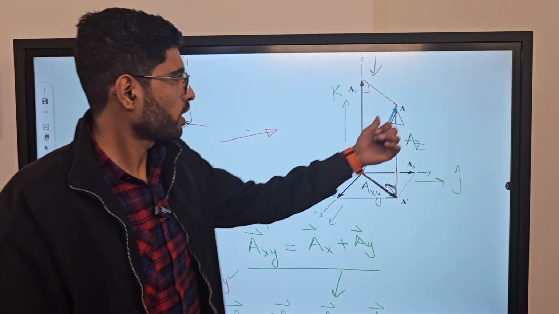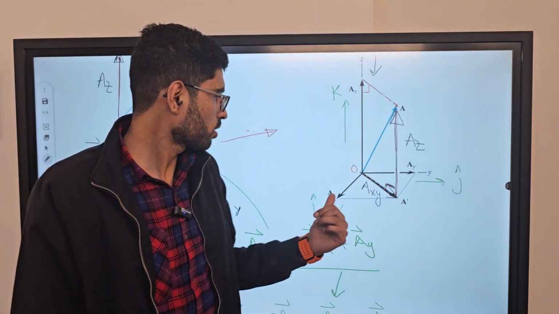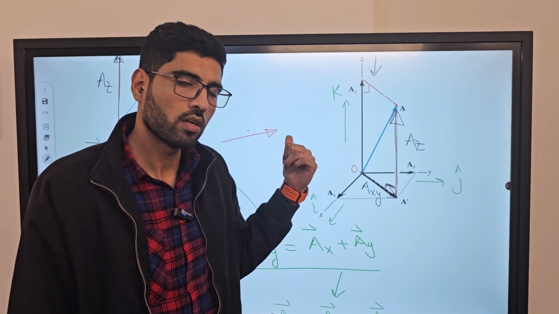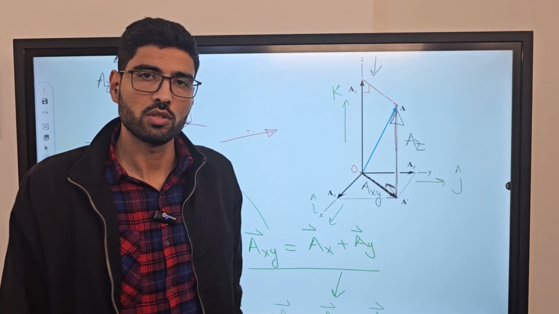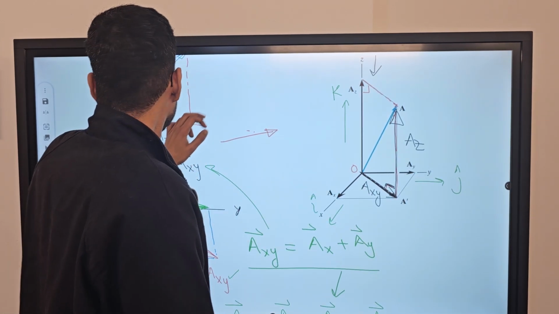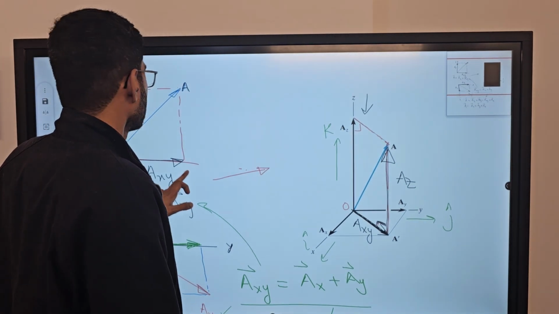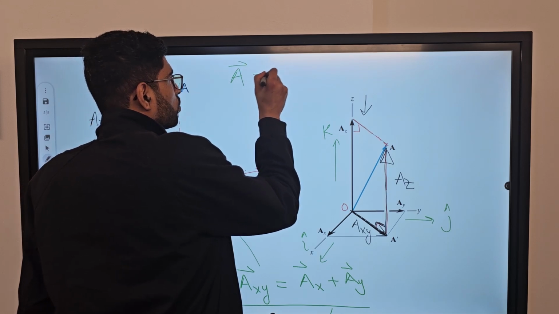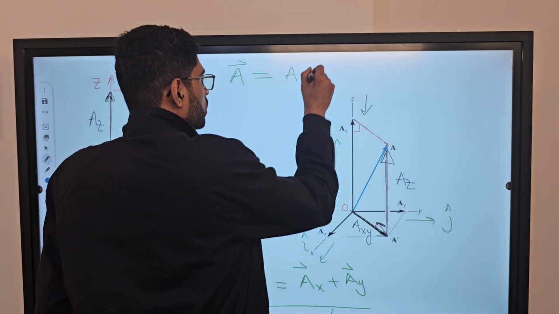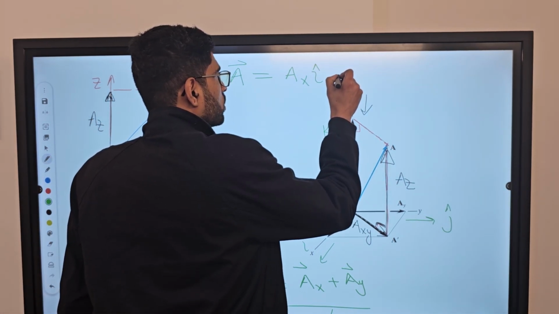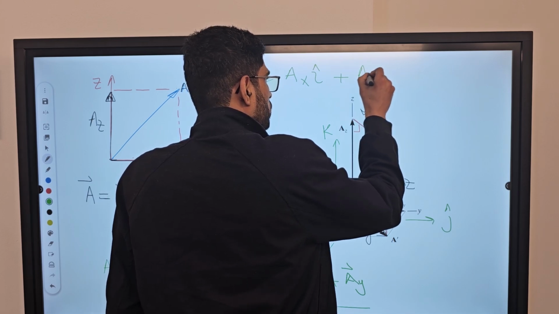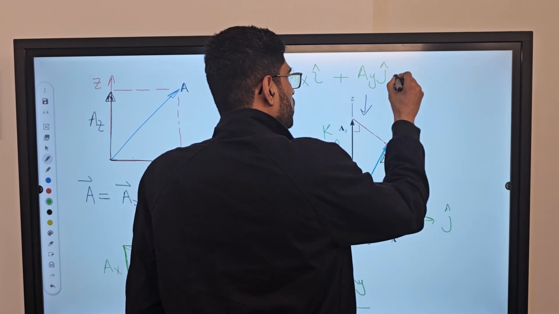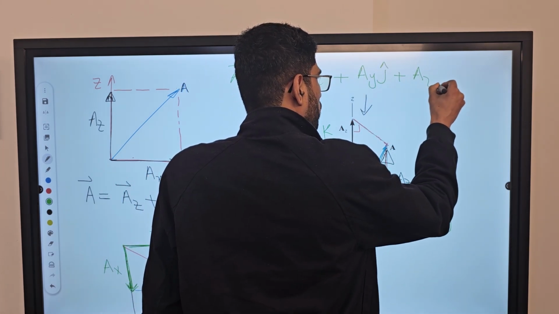So if you want to represent this A vector in terms of its i, j, and k Cartesian unit vectors, we can say that this A vector is equal to axi plus ayj plus azk.